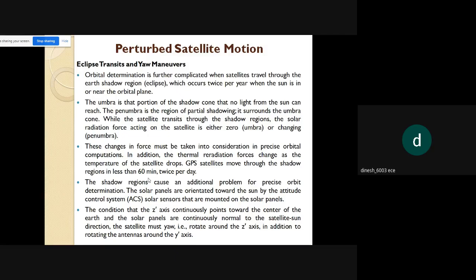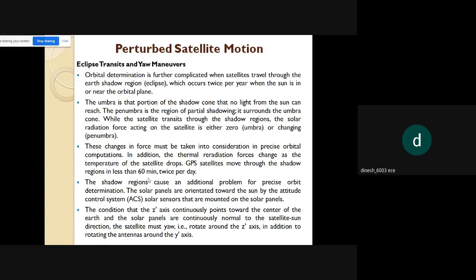So for that we need to go for the ACS system of solar panel sensing, which is the attitude control system, which has been mounted on solar panels exclusively for precise orbit determination, such that the umbra region or the penumbra region doesn't cover it.